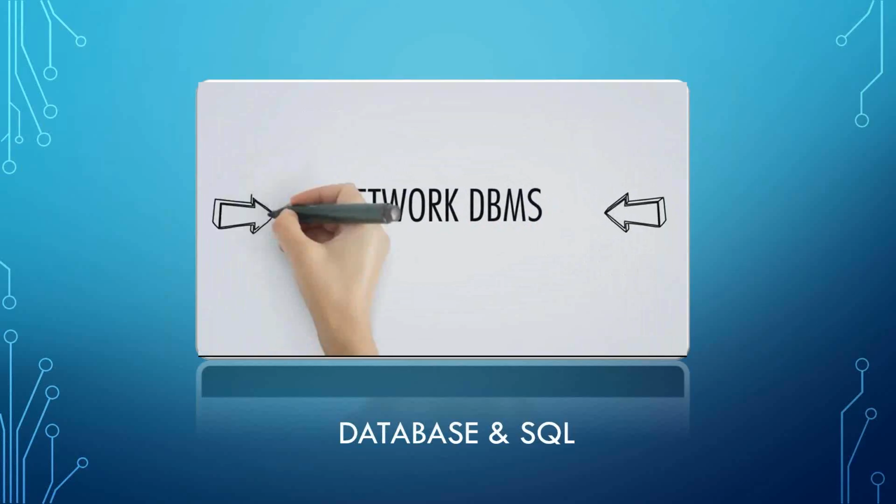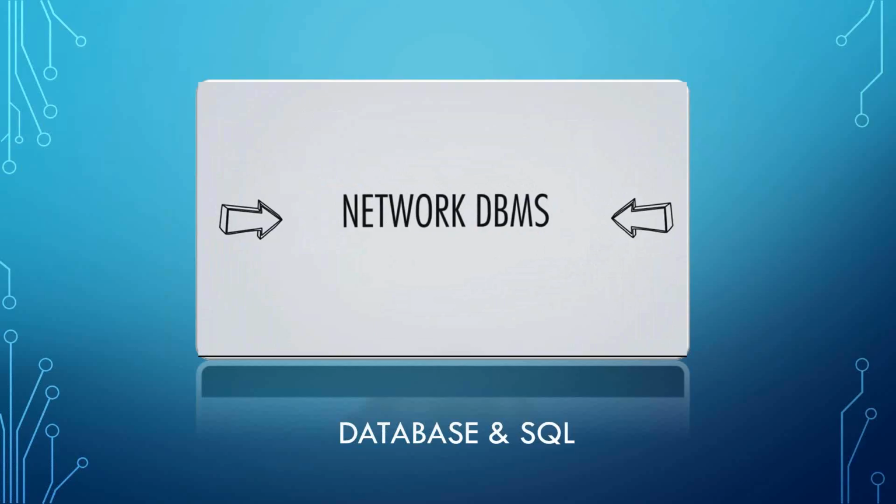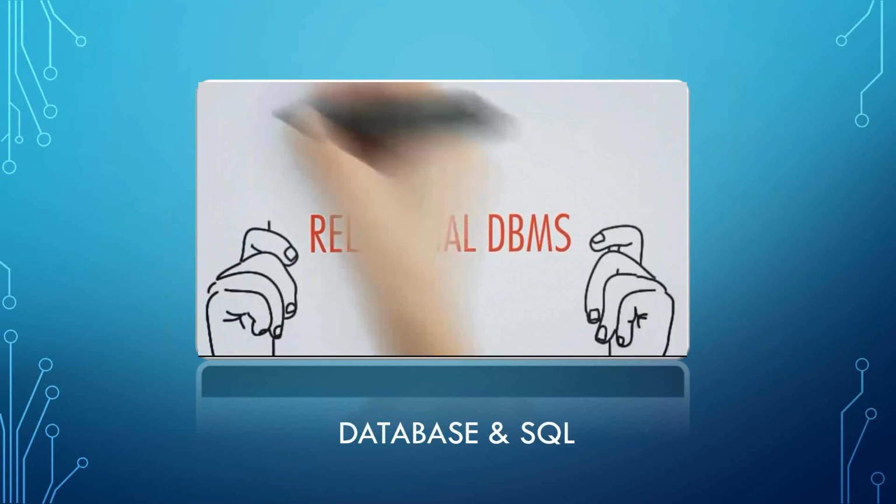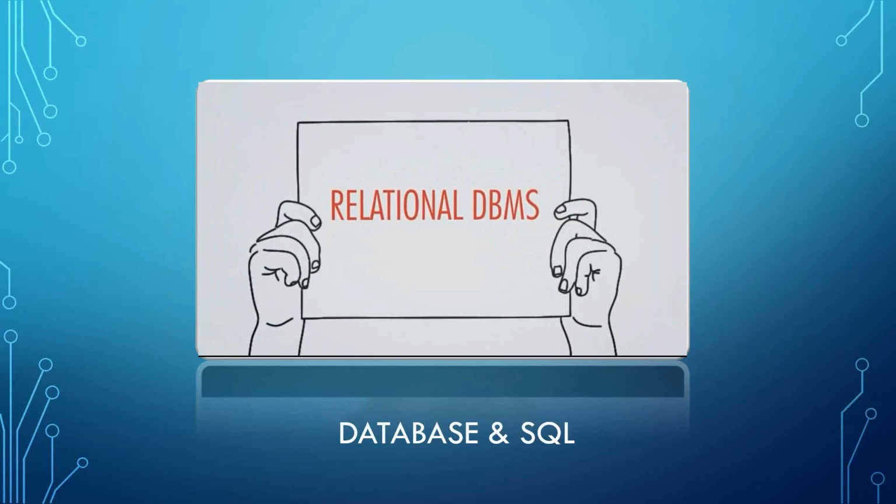Network DBMS. This type of DBMS supports many-to-many relationships. This usually results in complex database structures. RDM Server is an example of a database management system that implements the network model. Relational DBMS. This type of DBMS defines database relationships in the form of tables, also known as relations.